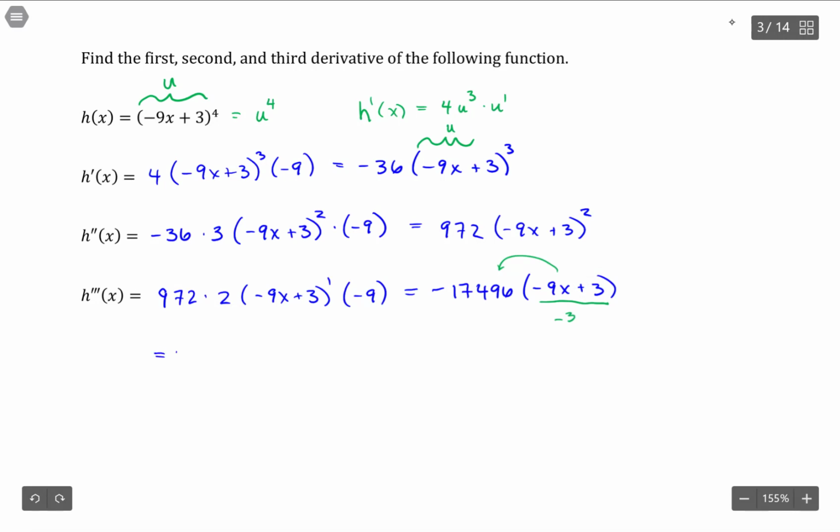So we could say this is positive 52,488 times the quantity 3x minus 1. And that's completely equivalent to the previous answer. Just a little bit simpler of a form. Whatever you prefer is okay, because all you have to have is something that's algebraically equivalent to the derivative, and you're all set.